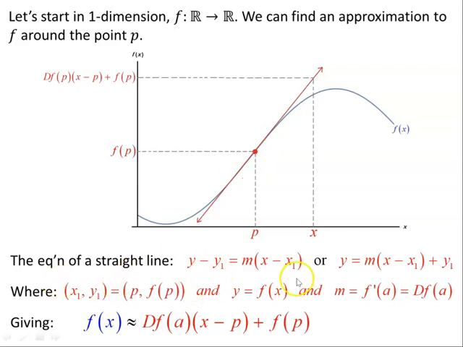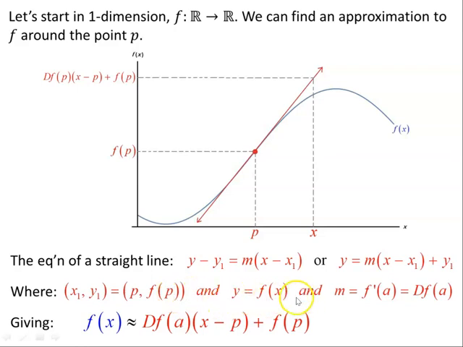The equation of a straight line, if you remember from secondary school, is y minus y1 equals m times (x minus x1). M is the gradient or the slope, and (x1, y1) is just a point on the straight line. We could rearrange that to y equals m times (x minus x1) plus y1, where x1 is the point P, and y1 is f of P. Remember, that's a particular point on the straight line.